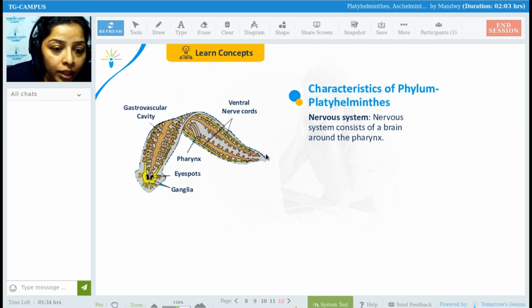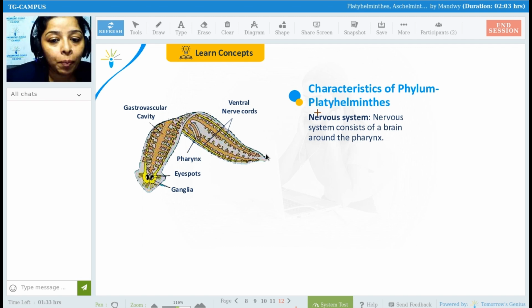As you can see in the image, it looks like a ladder, with joining lines from both sides. So the nervous system is ladder-like. They have the brain and nerve cells, and they enclose the pharynx.